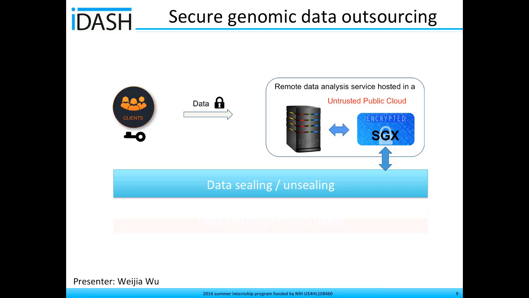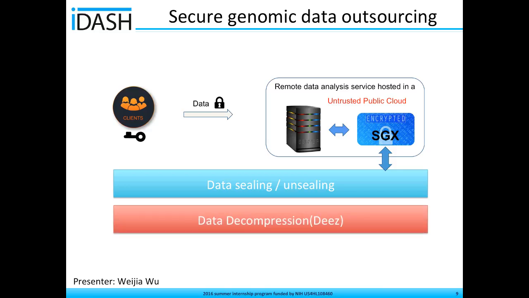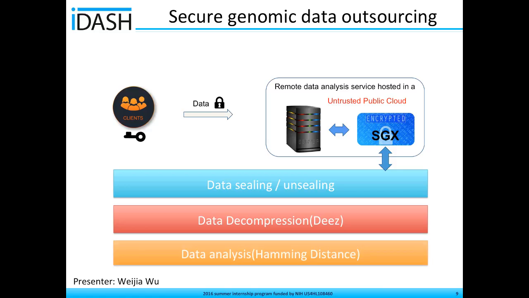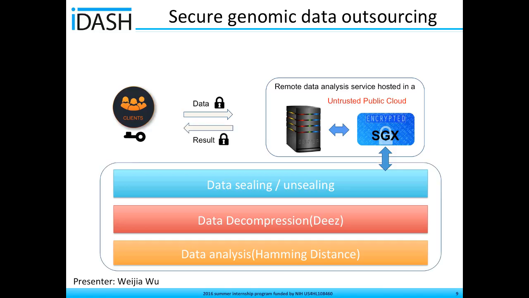Then if we want to analyze any gene region of the genomic data, we can very easily get the data and use this algorithm to access it without decompressing all the genomic data. And then in the last steps, we can calculate the Hamming distance and send the result back to the client. Since all these steps are done in the enclave, this will be very safe.